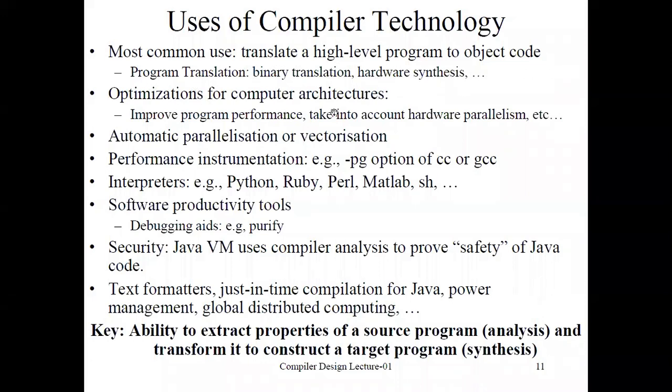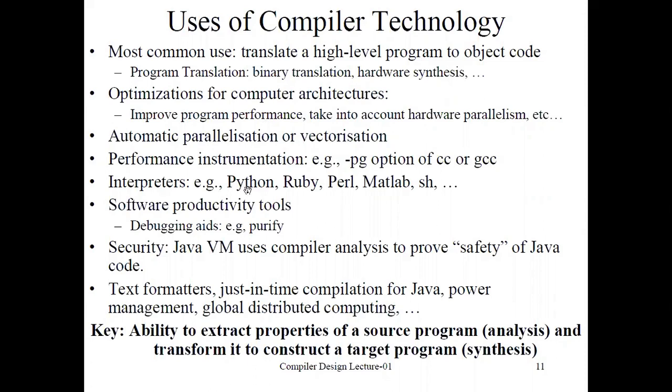Then optimizations for computer architectures, which improve program performance and take into account hardware parallelism, etc. Then automatic parallelization and vectorization. Then performance instrumentation, like the profiling options of CC or GCC in a Linux environment. These are the compilation commands for the C language.